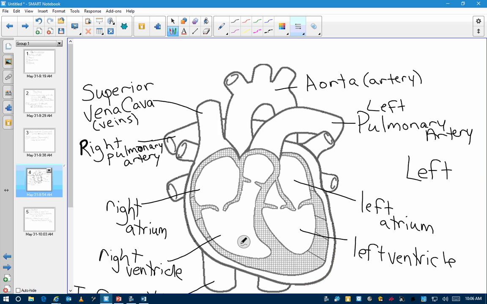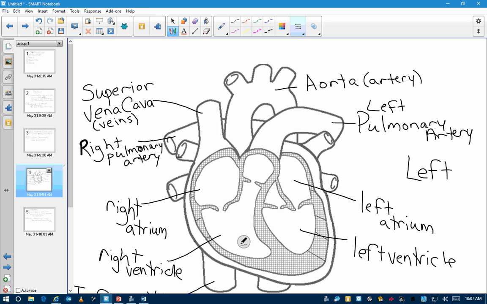So then we have some arteries coming off of the heart. So any guesses what pulmonary means? I know Mary knows because she's already done her whole unit. Pulmonary. Have you ever heard of pulmonary edema?